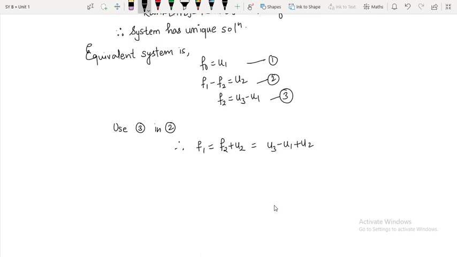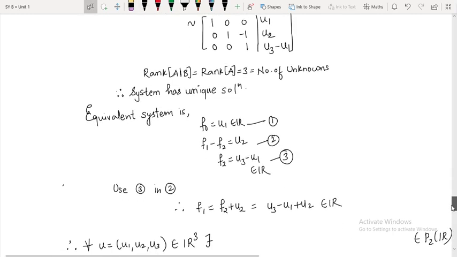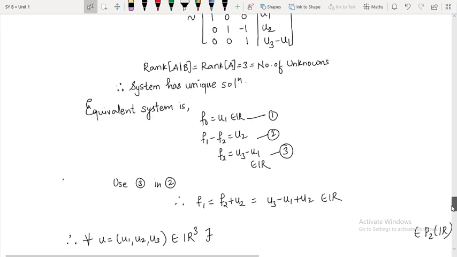So it belongs to R, no issues with this. This also belongs to R and this also belongs to R. Okay, so we can say that for all u equal to u1, u2, u3 belonging to R3, there exists f equal to what?